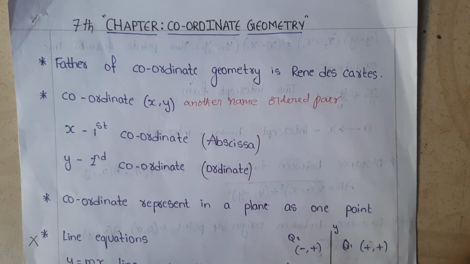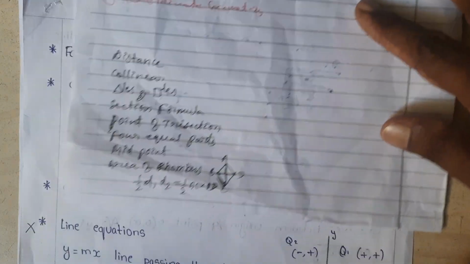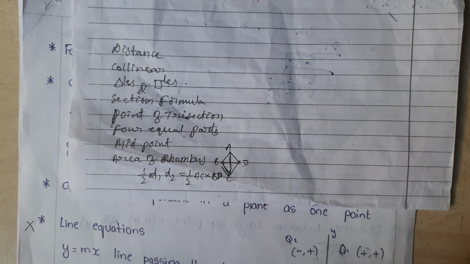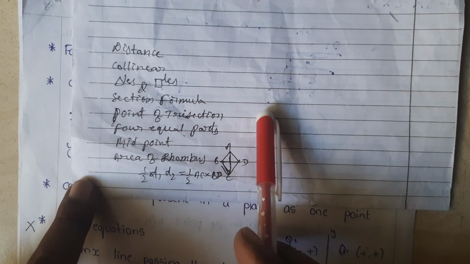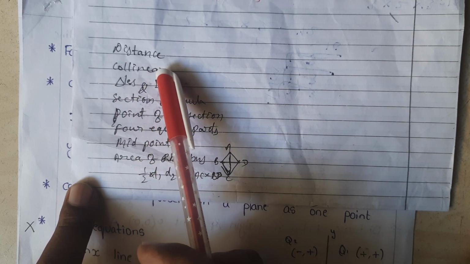Only a few contents are present in our new syllabus, which I am going to show on one paper. They have given a new syllabus, that is the distance topic. Distance between 2 points is given.